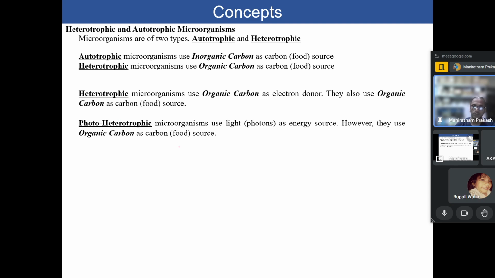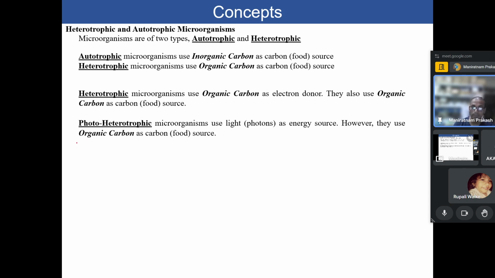So for all types of organic matter, heterotrophic organisms use organic carbon as electron donor. Whatever carbon is present in organic matter will donate electrons, and they use organic carbon as food source also.